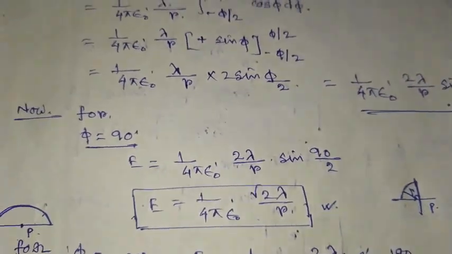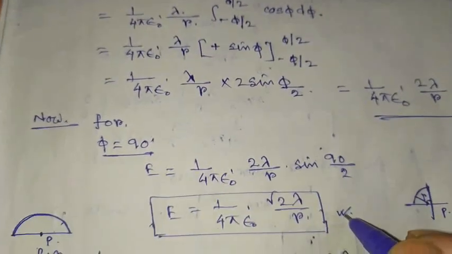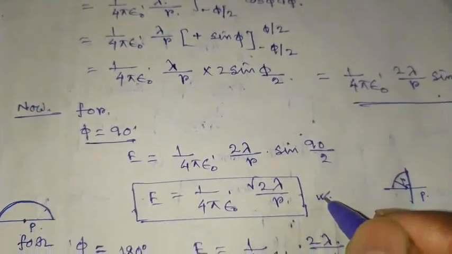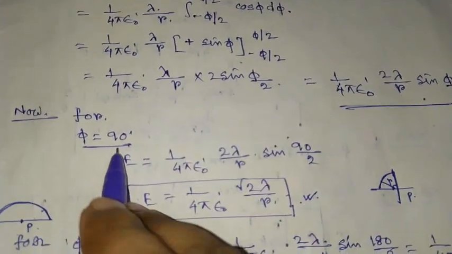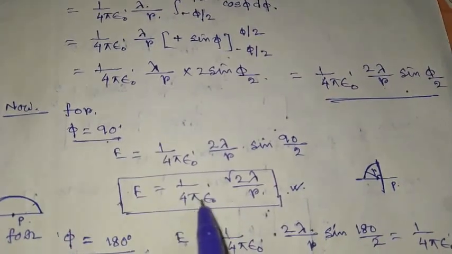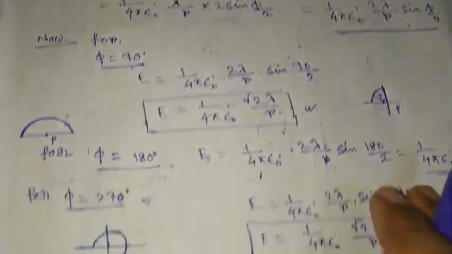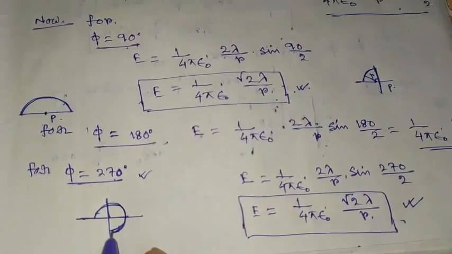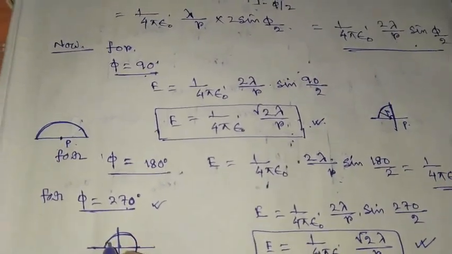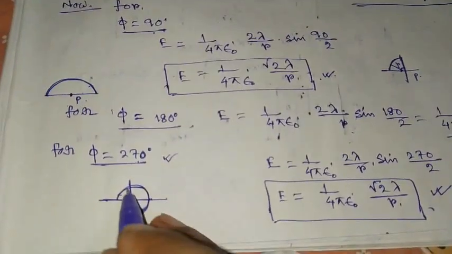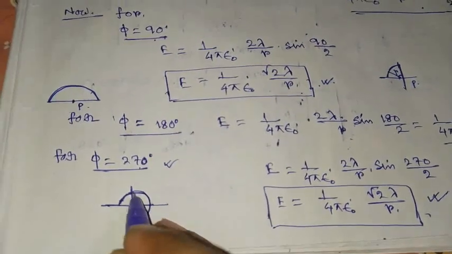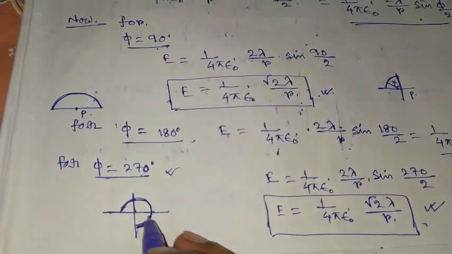But we can say one more thing. If you remember this relation for the 90 degree value, 1 by 4 pi epsilon naught root 2 lambda by r, you can easily find out this problem, because if you look very closely, this line segment length and this line segment length are equal.